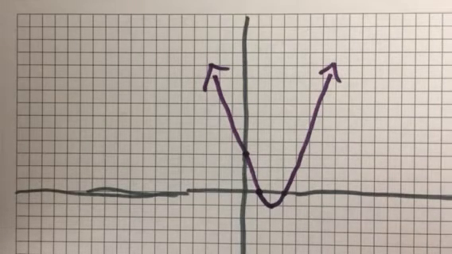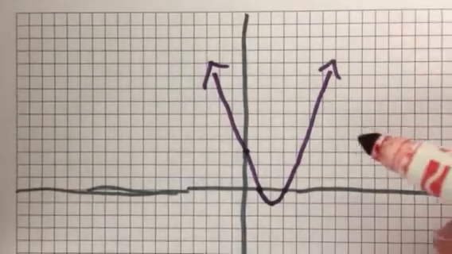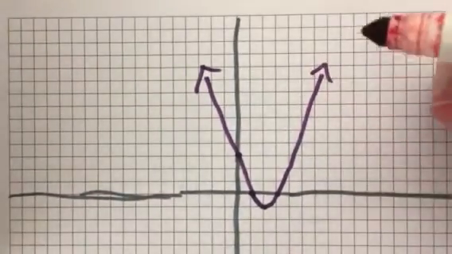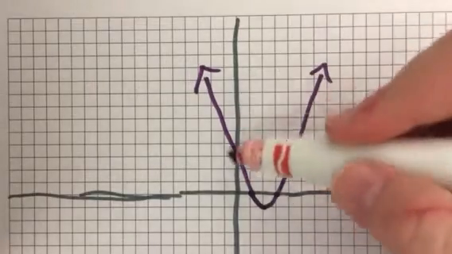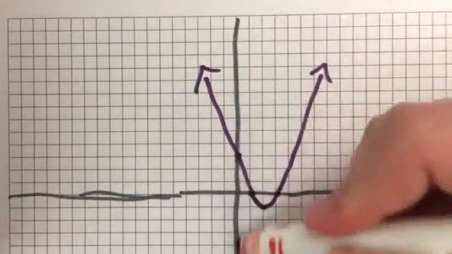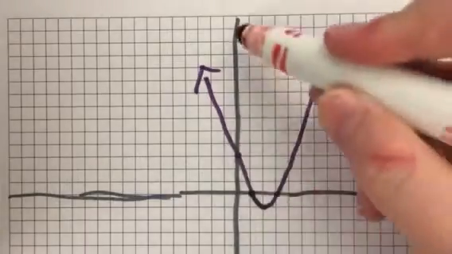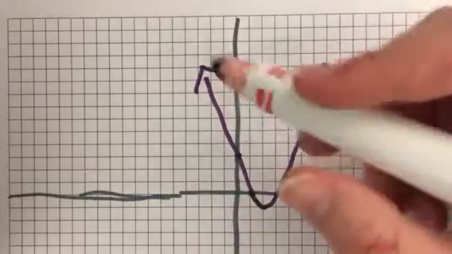Hopefully you remember from Math 1 some of the key points that we like to find with quadratics and any of our graphs for that matter. We like to find the y-intercept, which is of course where the graph hits the y-axis.